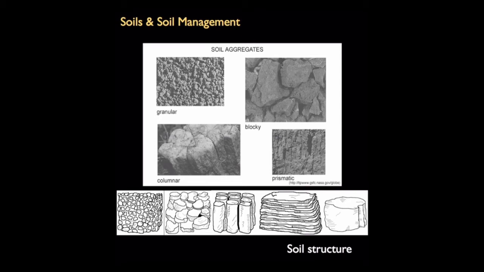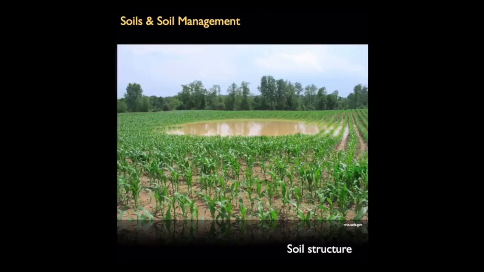The resulting associations have very distinct formations that influence such properties as percolation, or the rate at which water moves through the soil. In general, clay soils have more pore spaces than sandy soils, but the pores in clay soils are much smaller than those in sandy soils, so they hold water tighter. This is why sandy soils drain much faster than clay soils.